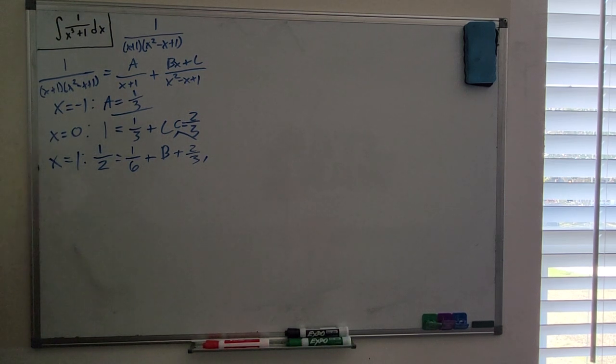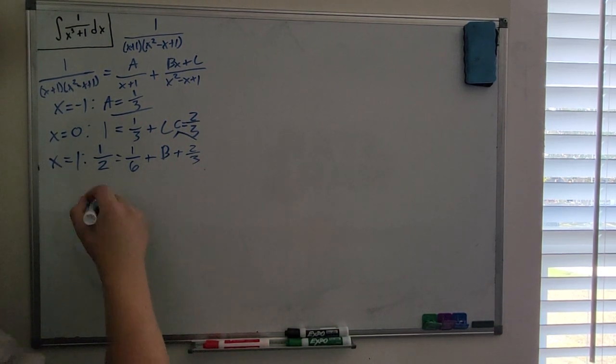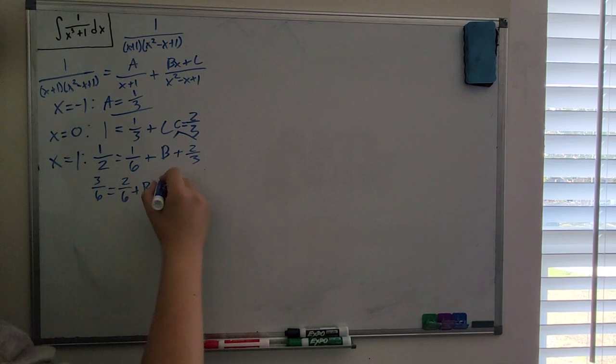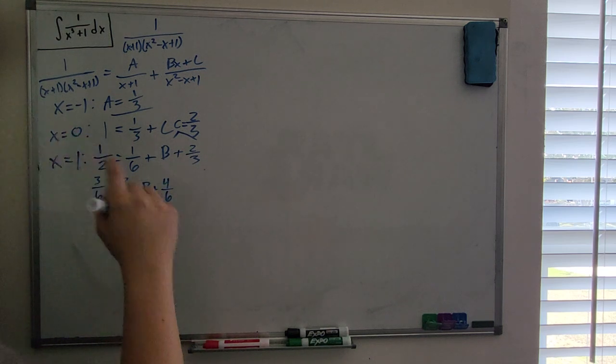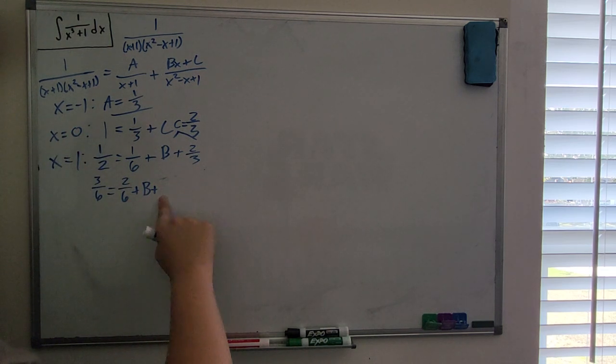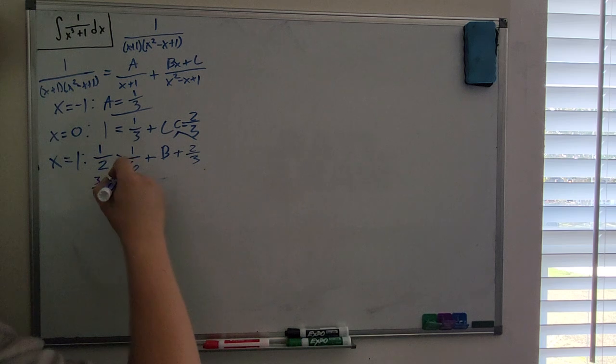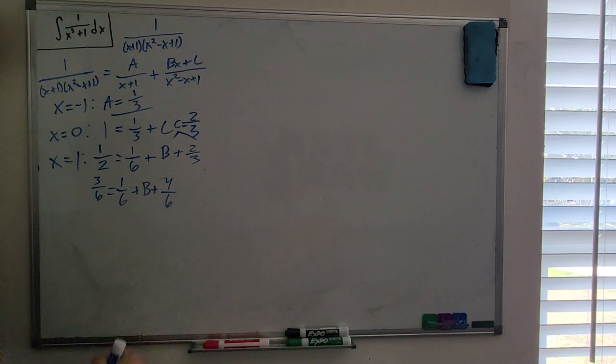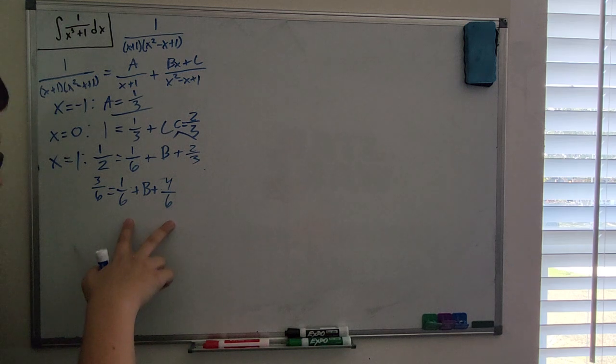Now we can just find what B equals. So we're going to make everything over 6, so this would be 3 over 6 equals 2 over 6 plus B plus 4 over 6. Nope, that's wrong. I can't do math. I don't know what I'm doing. It's 1/6. And then 2 over 3 will just be 4/6. That's my fault. Okay, this will be 5/6.